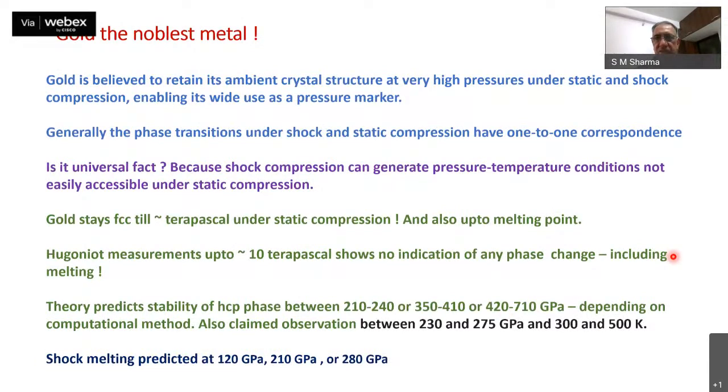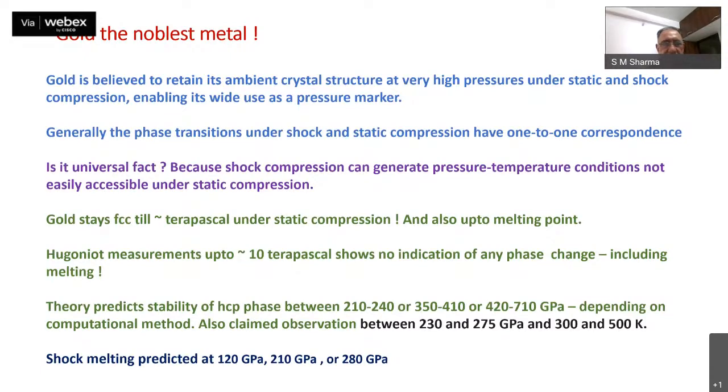We move on to the next aspect of some of the results which are unique to the shock compression. Gold, considered the noblest metal, and because of its nature that it retains its characteristics irrespective of pressure and temperature, has been widely used as a pressure marker in a variety of high pressure experiments.